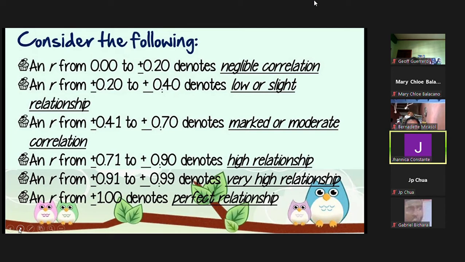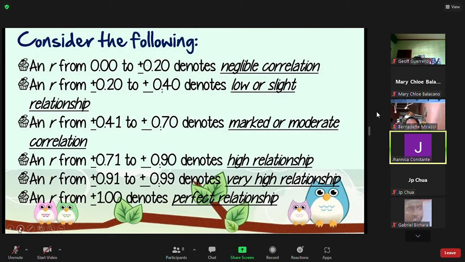If the r is positive or negative 0.4 to 0.70, it's a marked or moderate correlation. And if it's 0.71 to 0.90, that's a high relationship. If it's 0.91 to 0.99, that's a very high relationship. And if it's exactly 1, it's a perfect relationship.